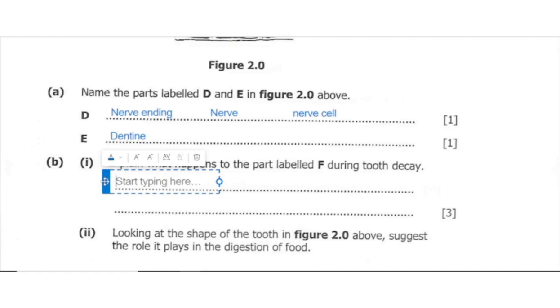So when food stuff remains between the teeth, that's where the bacteria will come and start eating it. Then they will start forming acids, which start eroding the enamel and then cause tooth decay. I don't know if you are understanding what I'm trying to say. So the question we are asked is, explain what happens to the part labeled F during tooth decay.